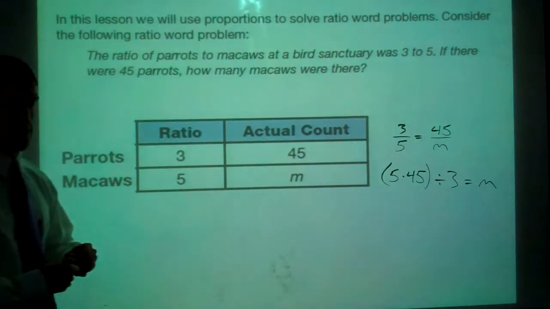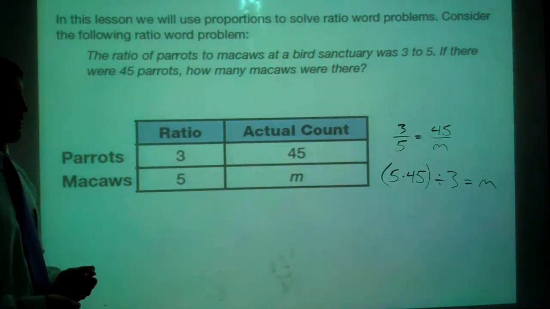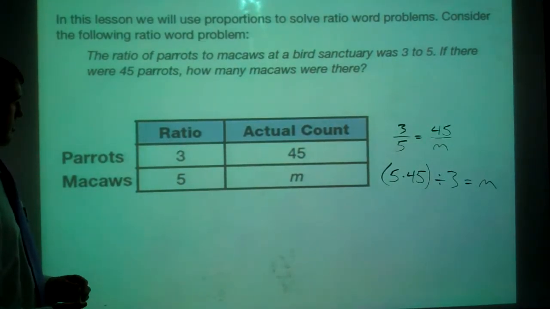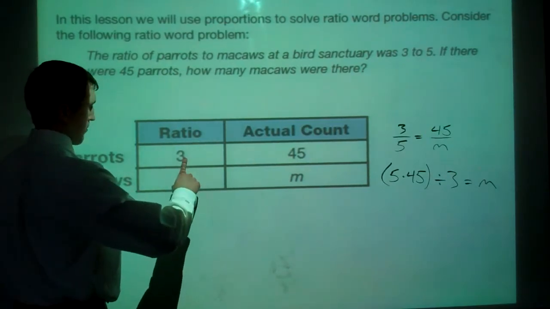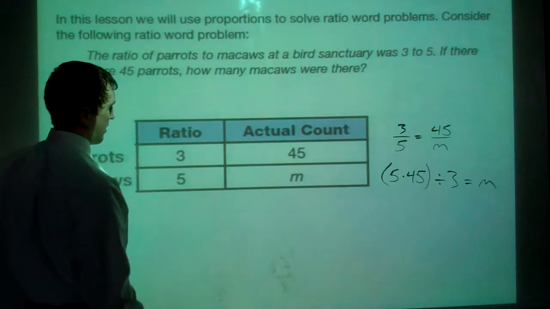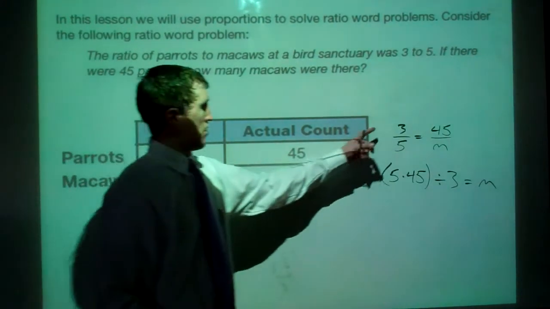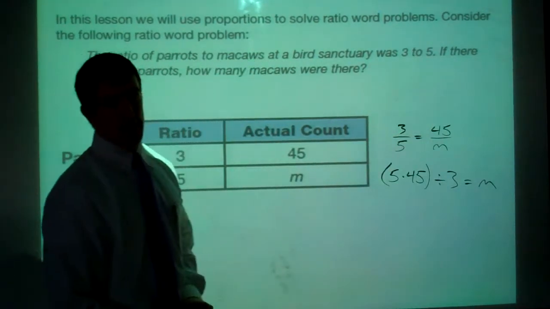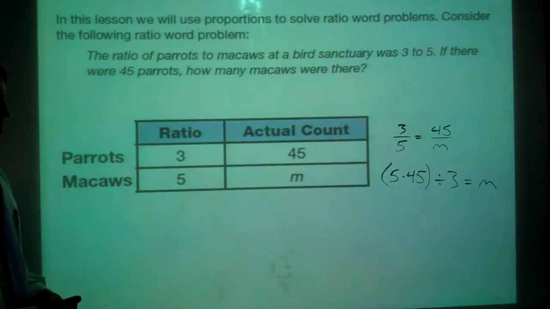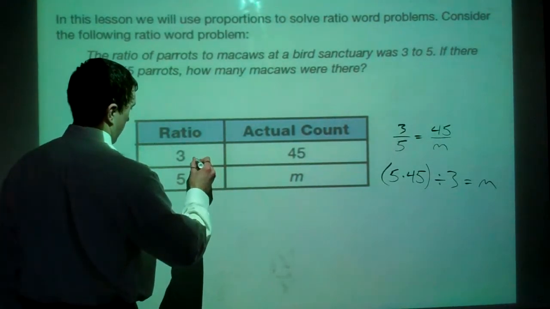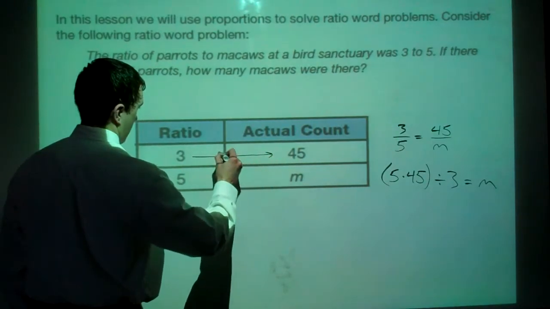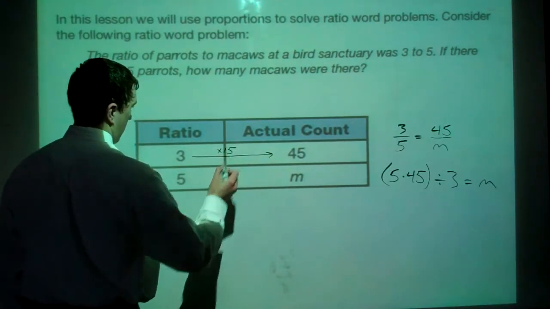However, this one offers a faster way. Remember, we could always, as long as everything's lined up correctly, we can see how we get from this side to this side, or from this side to this side. And I know that 3 times 15 equals 45. So our rule to get from here to here is to multiply by 15.